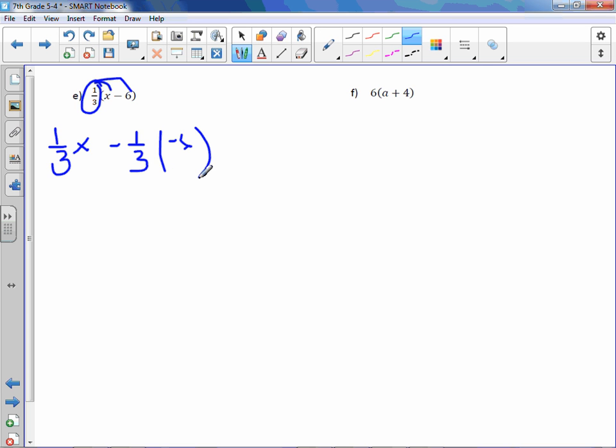Now we have fractions here, so let's put that 6 over 1, and let's multiply those fractions. Remember this can act as a negative, so negative 1, oops, it's not negative 6, it's positive 6. Let me fix that. Okay.